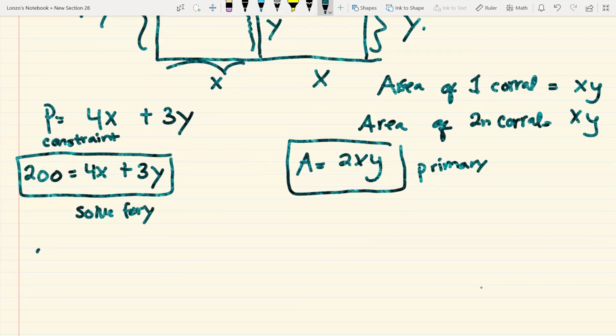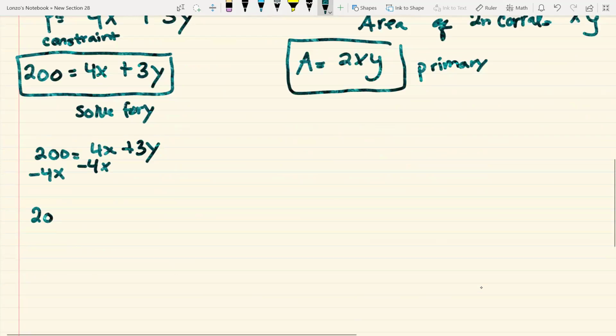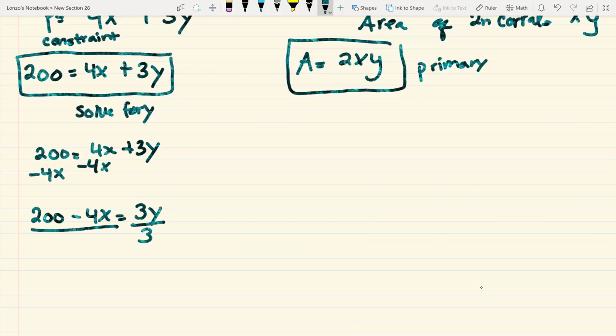So it's 200 equals 4x plus 3y, and to solve for y, I'm going to subtract 4x, then divide by 3. So y equals (200 minus 4x) over 3.